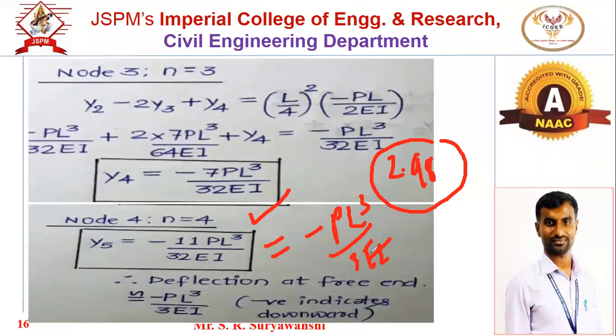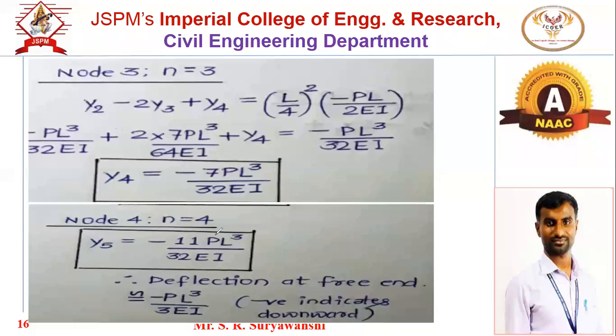Standard formula is PL cube by 3 EI, and using this finite difference method we are getting 2.98. But the minus sign indicates deflection is downward. So this is the free end deflection, which is equal to minus PL cube by 3 EI. It is written, but you can put the same value that you are getting. If you put minus 11 by 32 PL cube by EI, that is also fine.